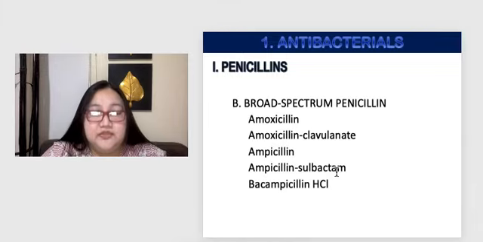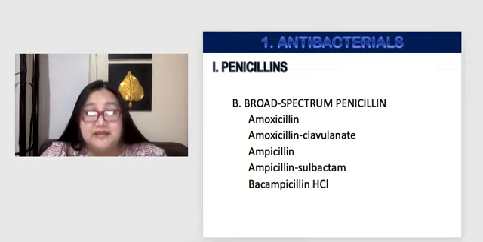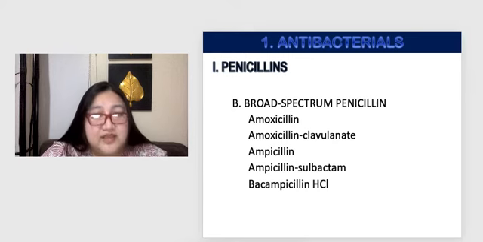Alright, again, the three beta-lactamase inhibitors are clavulanic acid, sulbactam, and tazobactam. Again, when antibiotics are combined with these beta-lactamase inhibitors, the resulting antibiotic can now inhibit the beta-lactamase. This makes the antibiotic effective and extends its antimicrobial effect.